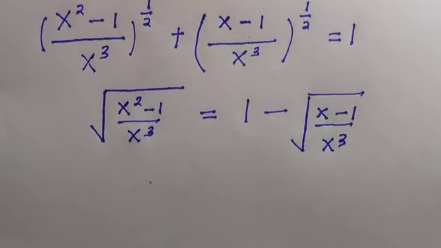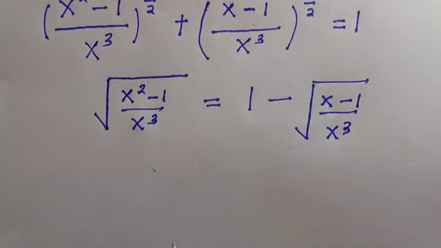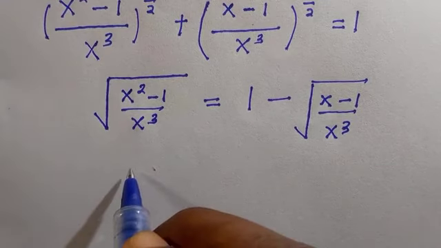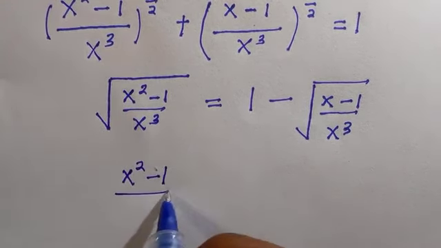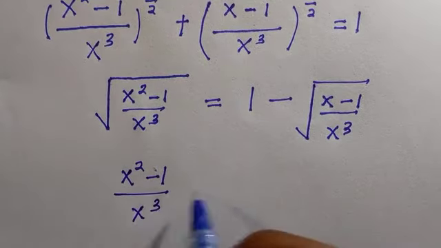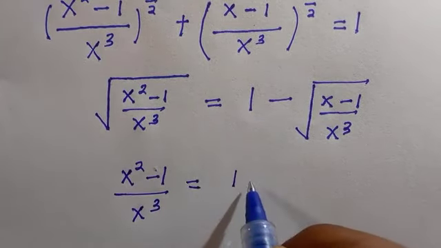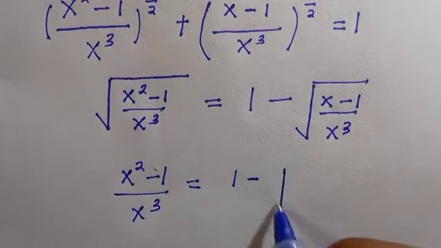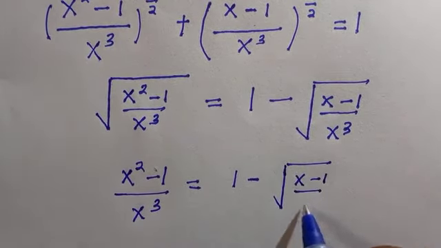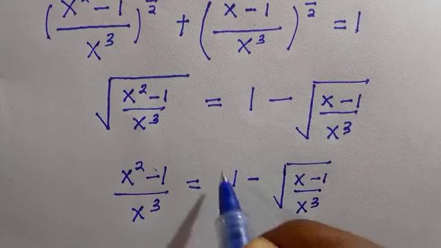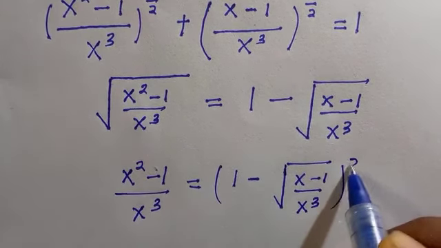On getting this, what I will do next is take the square of both sides. So this one reduces to x raised to power 2 minus 1 divided by x raised to power 3 equals, and here is 1 minus the root of x minus 1 divided by x raised to power 3, and all raised to power of 2.